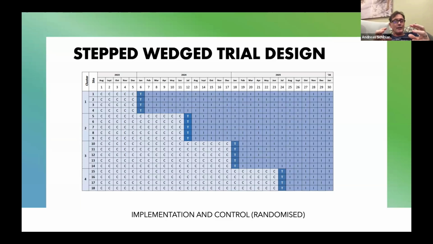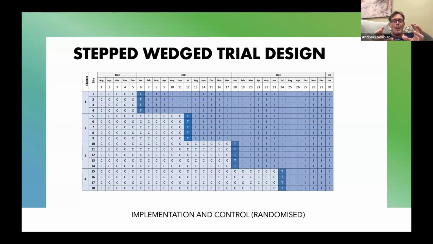So that's where a stepped-wedge trial design is coming in. And that's quite a beautiful trial design for two reasons. You don't allocate the patient as the unit of randomization. You allocate the hospital as the unit of randomization.